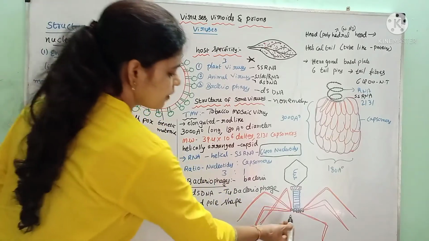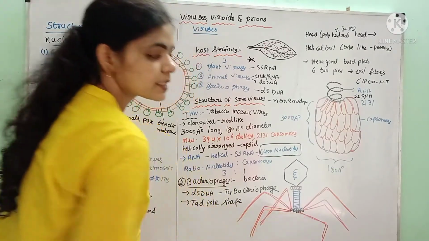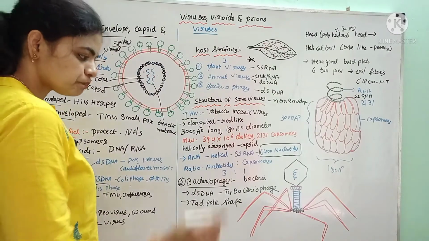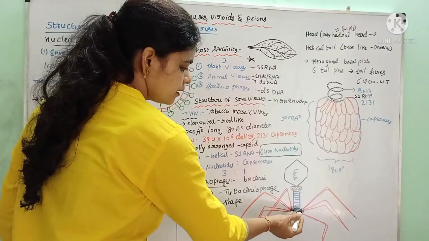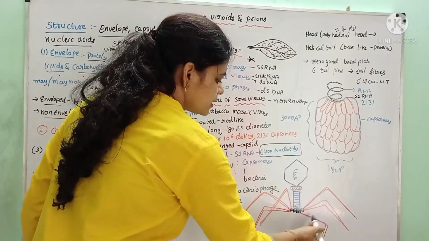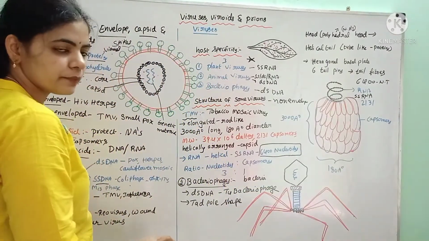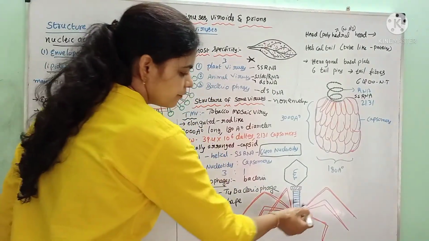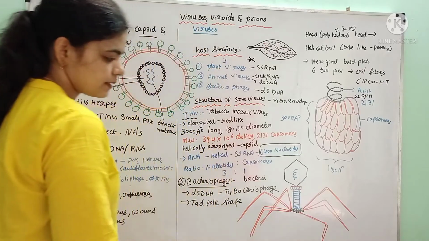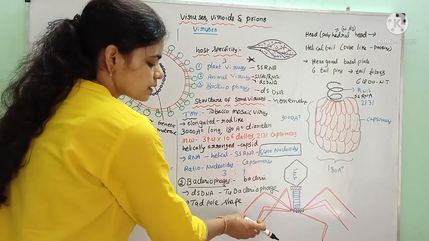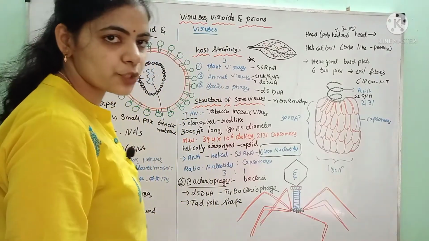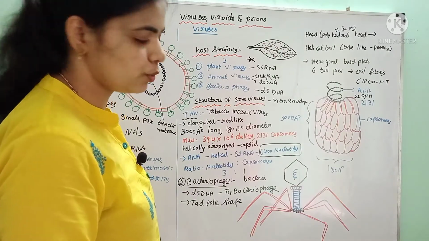How many? 6. 1, 2, 3, 4, 5, 6 tail pins are present. And from this basal plate 6 tail fibers originate. The function of these tail fibers is attachment to the bacterial host.